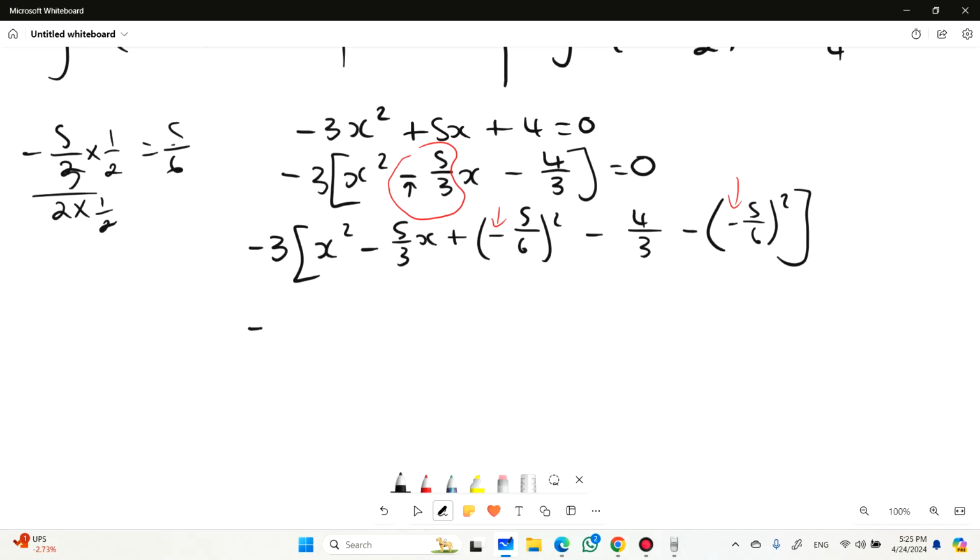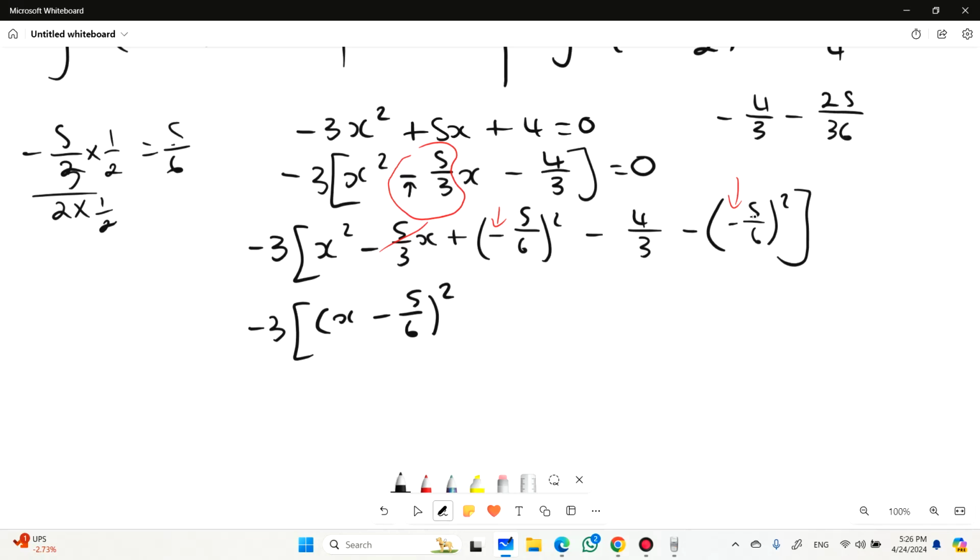Okay, so here I have negative 3 times, remember that I'll take this off here, and so I'll have x minus 5 over 6 squared, right, and then I just solve this part here. So I have negative 4 over 3 minus, rather this is not 5, 25 over 36.